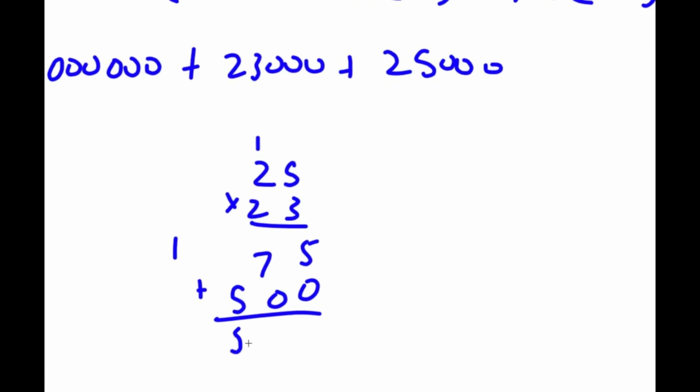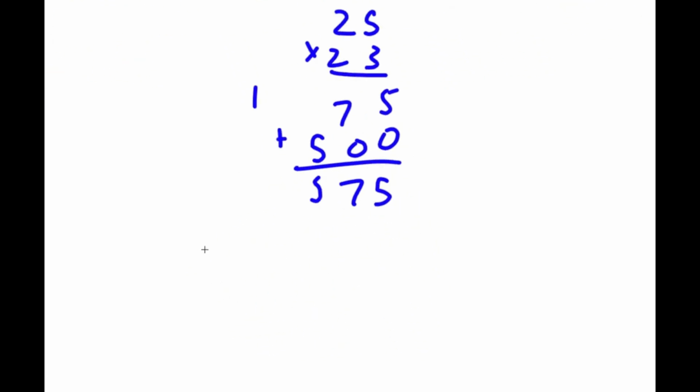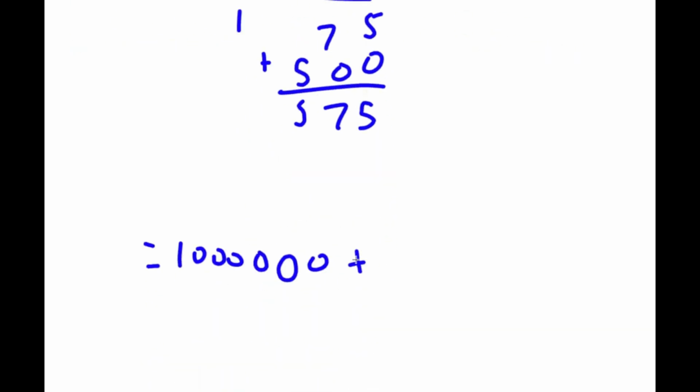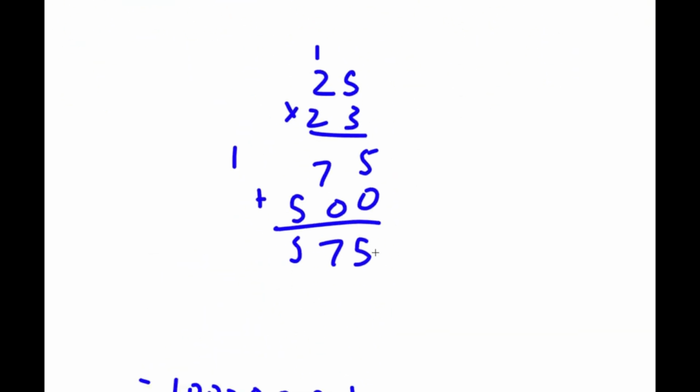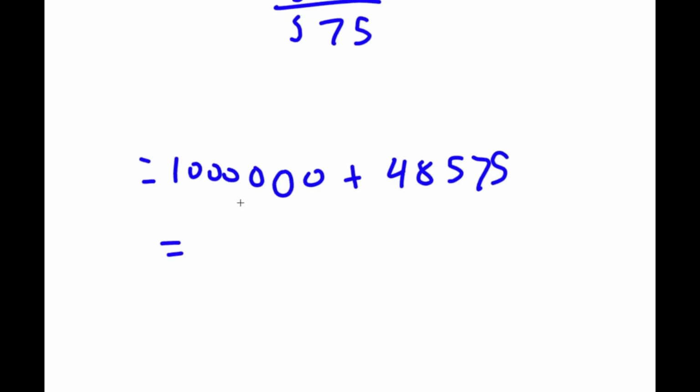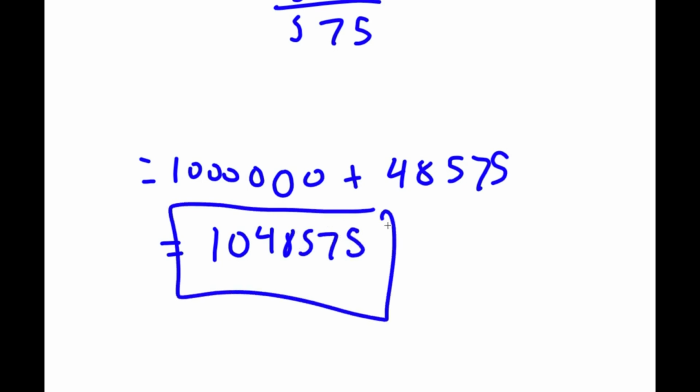So if I add these, I get 575. So I have 1,000,000 plus 23,000 plus 25,000, which is 48,000, plus 575, which is 48,575. So if I add these two, I get 1,048,575. So this is my answer.